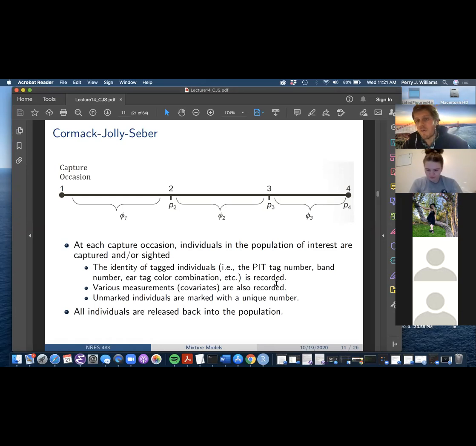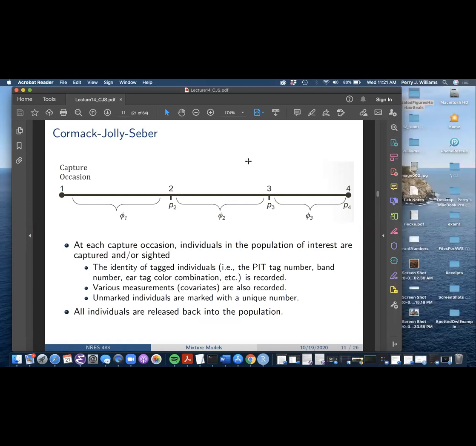And we can use those as covariates to help us understand survival or detection probability. And then unmarked individuals are marked with a unique number. So when we go out and capture new individuals, we recapture old ones, and we can also capture new ones and put tags on those. And then all individuals are released back into the population.